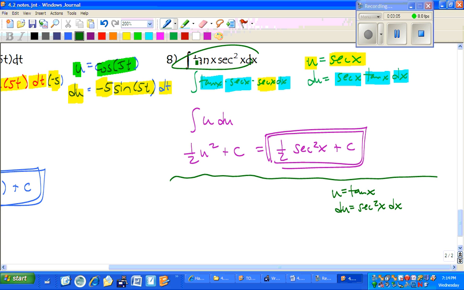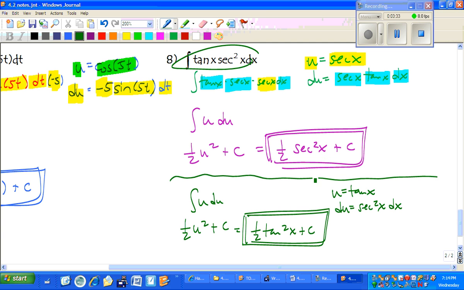So tangent of x, that becomes our u, and secant squared of x dx, that becomes our du. So we end up kind of with the same thing here as we did up here. Antiderivative seemingly is the same, 1/2 u squared plus c. But when we substitute back in for u, we end up with 1/2 tangent squared of x plus c.